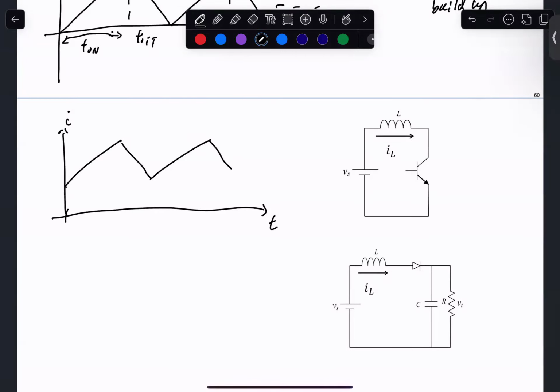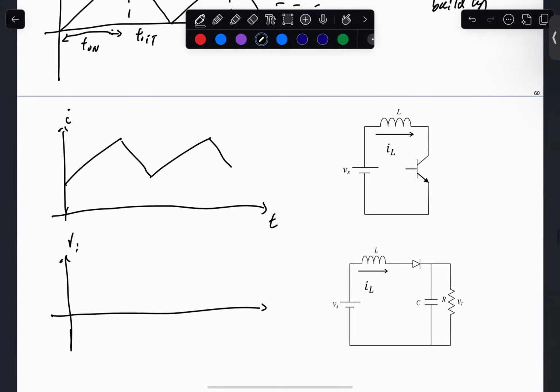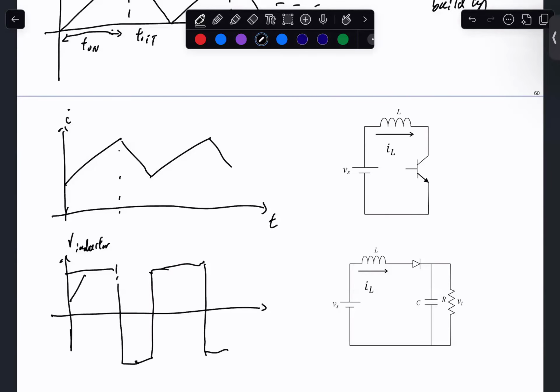And then we can look at the inductor voltage. This is the voltage of the inductor. The inductor voltage is positive up until here, then drops to be negative, then positive again, then negative, and so on.